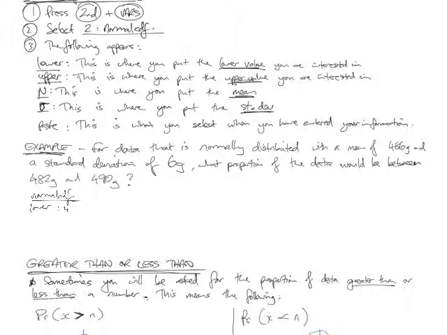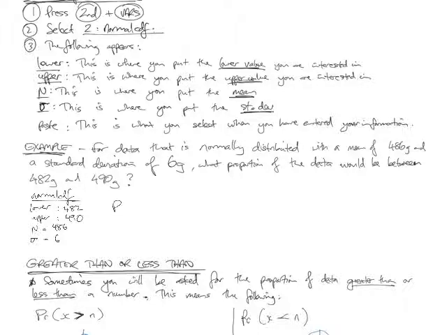Lower is going to be 482 because that's the lower value I'm interested in. Upper is going to be 490. The mean is 486 as given by the question. Standard deviation is 6. Then you scroll down. Once you've entered all that, you press enter on paste. It appears on your screen. You press enter again.